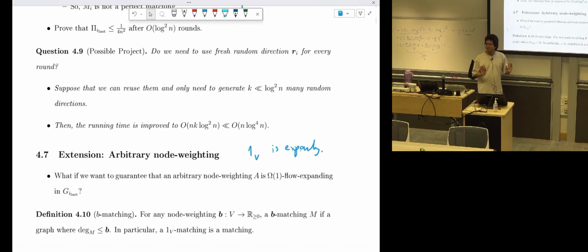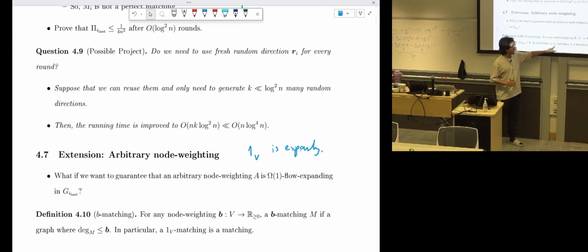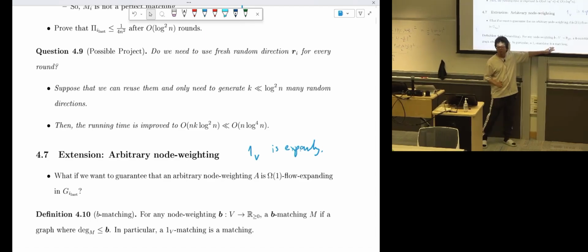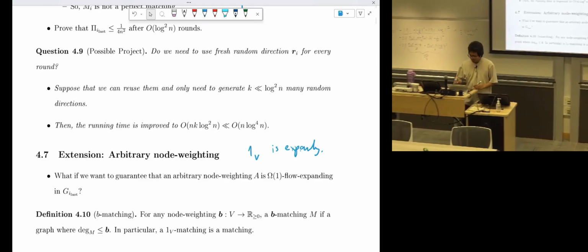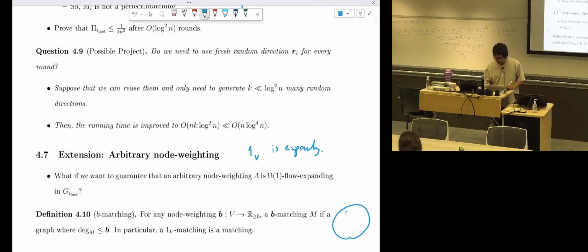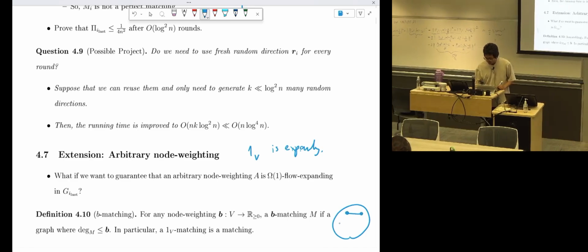That's it. So you can see that an all one matching is just a normal matching. Right? A matching is literally just a graph such that every node has degree at most 1.